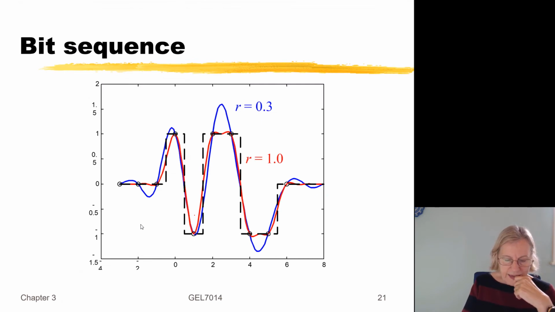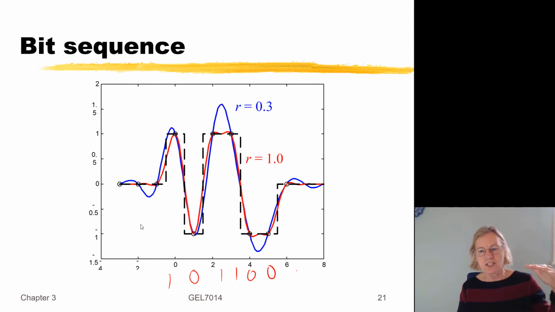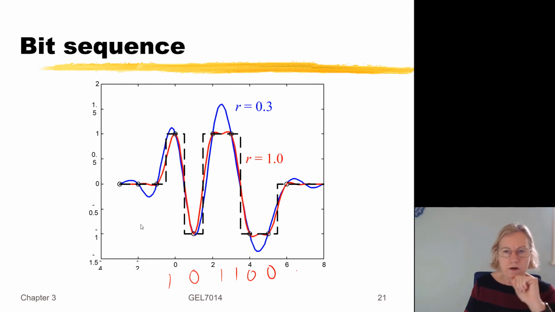So this is a trace of a bit sequence for two different roll-offs. I'd like to show this because we can see this data sequence, 1, 0, 1, 1, 0, 0, which is sent. Those are the pulses which have been transmitted. You can see that it's not like a square pulse where they just stay at the value +1 or -1.